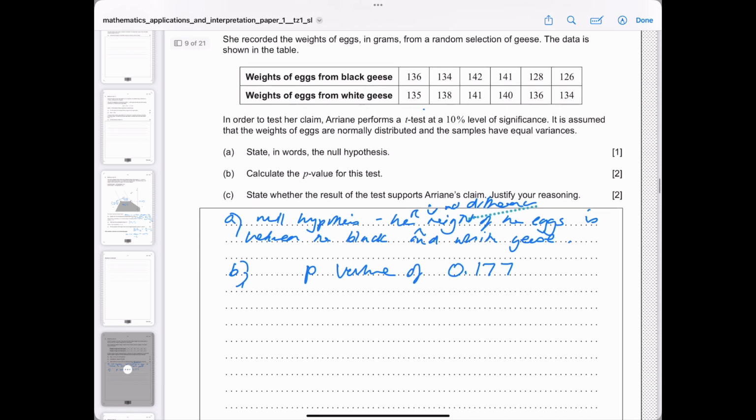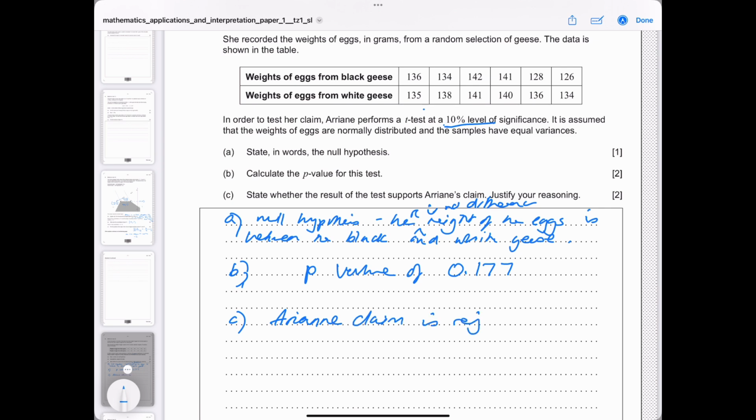Which means if we're looking at the t-test at 10%, it means that we reject... the chances of this happening is quite likely. Ariane is wrong, basically. So we reject Ariane's claim.